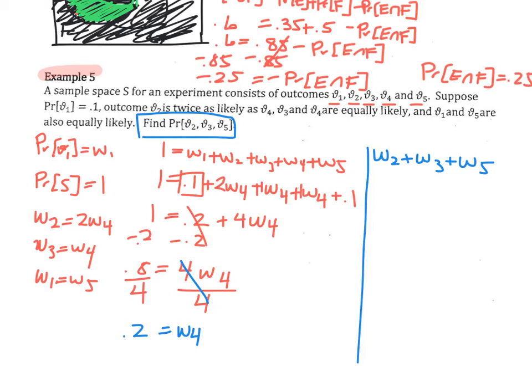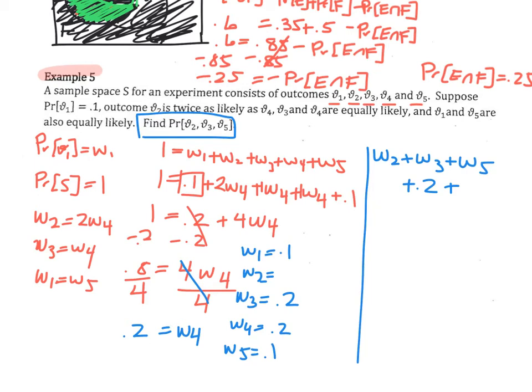Now we weren't given W2, W3, or W5, we were given 0.2, so just real quick, see if I can just list these, that way I make my plugging in much easier. We knew W1 and W5 were the same, that one's pretty easy. W3 and W4 are the same, so we know this middle value is 0.2.